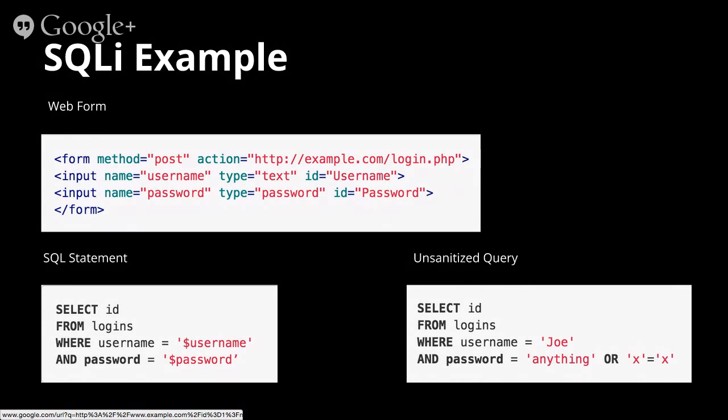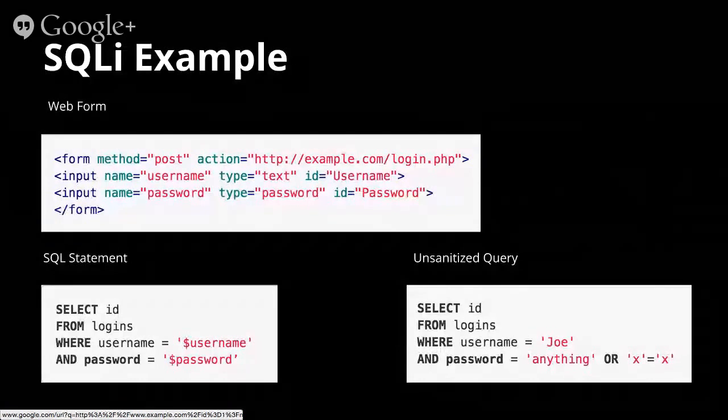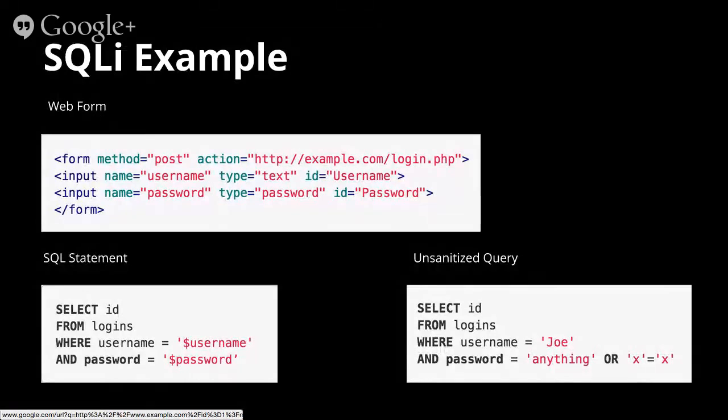Okay, so what does this do? I'll try and make this a little more clear. Pretend these are single quotes. So these are actually surrounding them, but that's not our user input. This is our user input. So if you're going to evaluate this expression, what does this evaluate to?